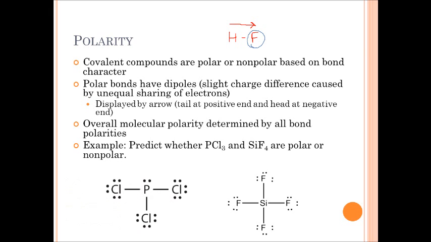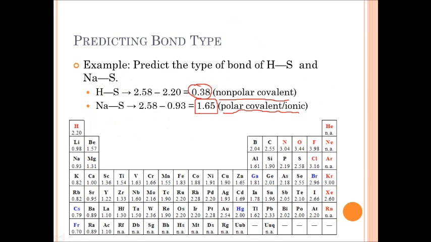So the head of the arrow is going to be towards the negative end of the bond. Okay? And based on the sum of all the bond polarities, you can determine what the overall polarity of the molecule is.